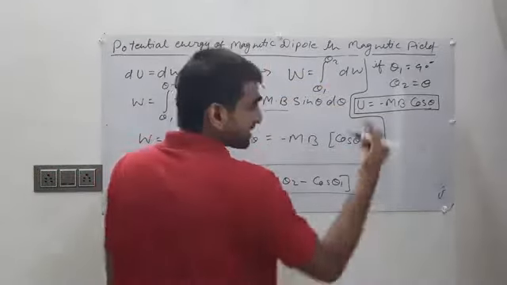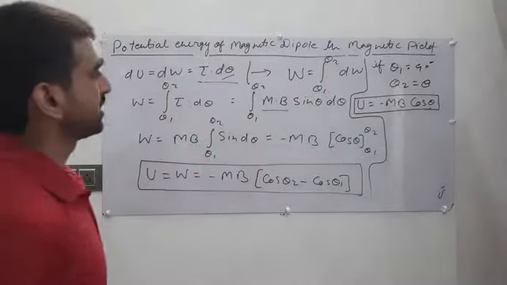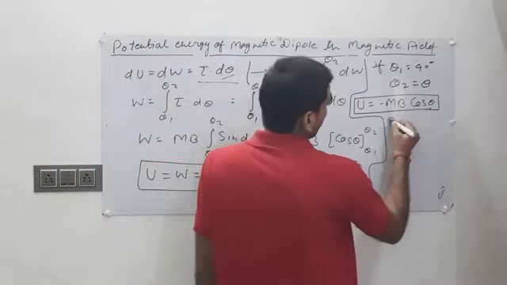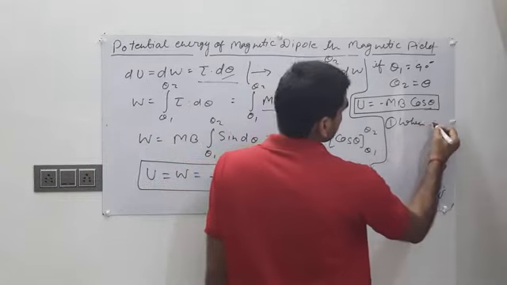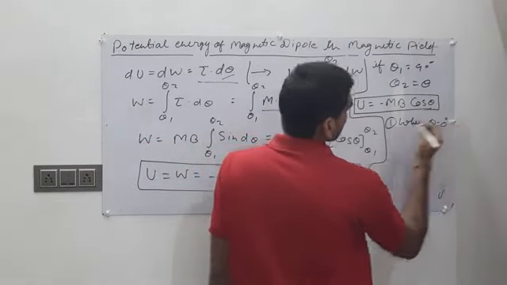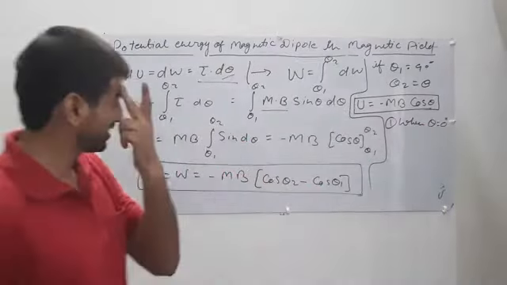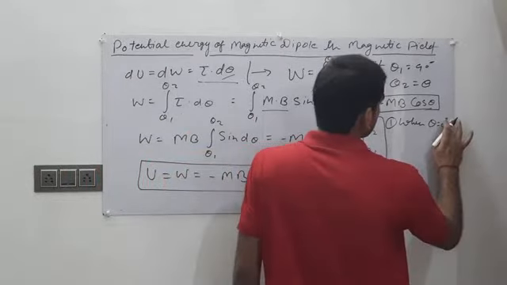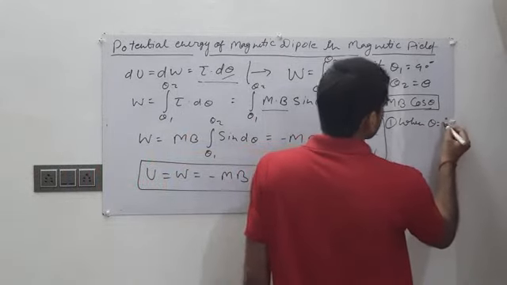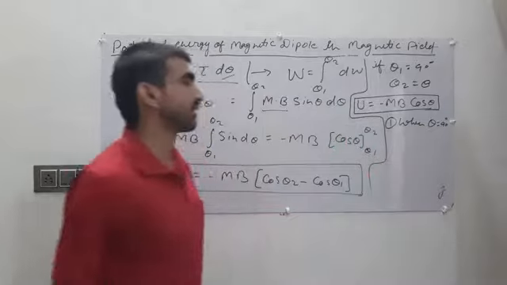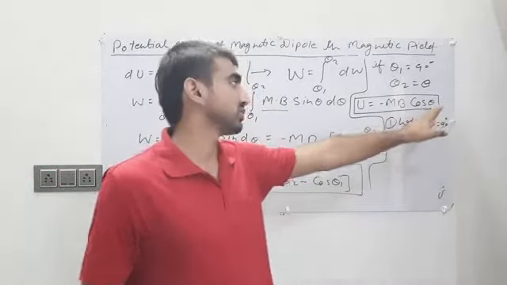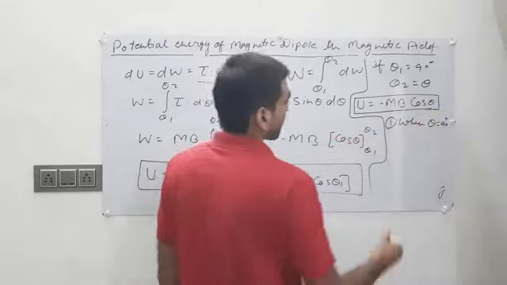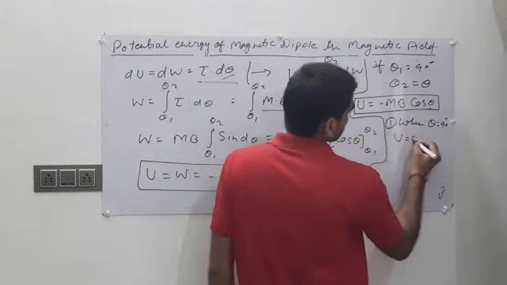Now there are three cases. The first case is when theta is 90 degrees. You know that cos 90 equals 0, so at that time the potential energy is 0.